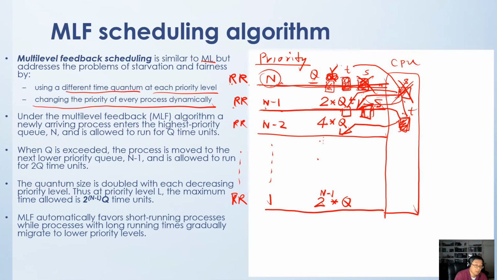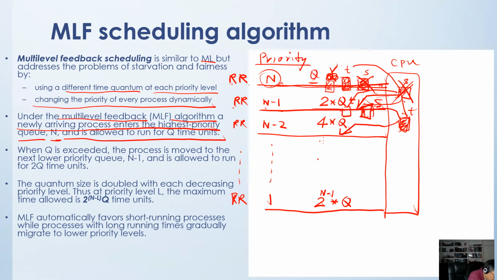Now what's different between ML and MLF? Under multi-level feedback, MLF, a newly arriving process enters the highest priority queue, n, and it is allowed to run for Q time units.